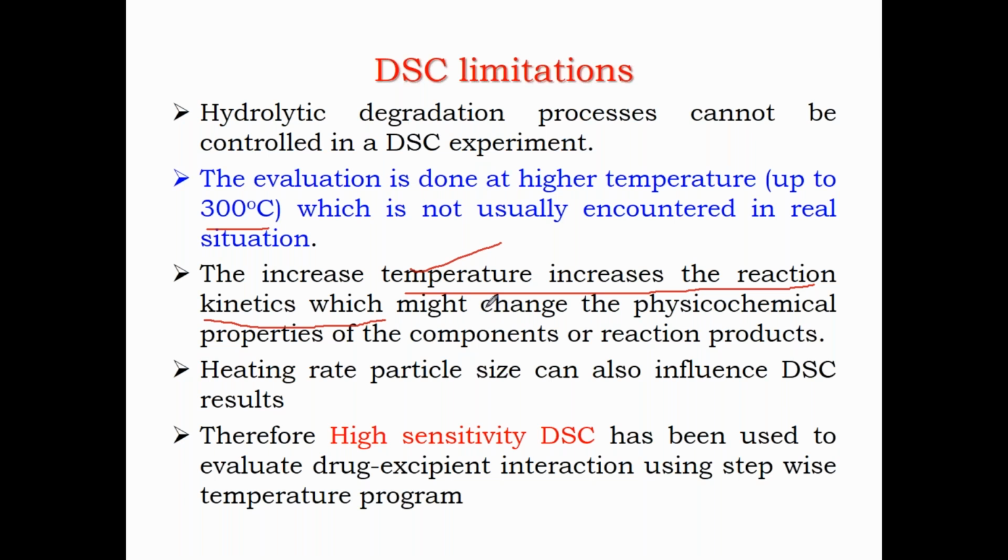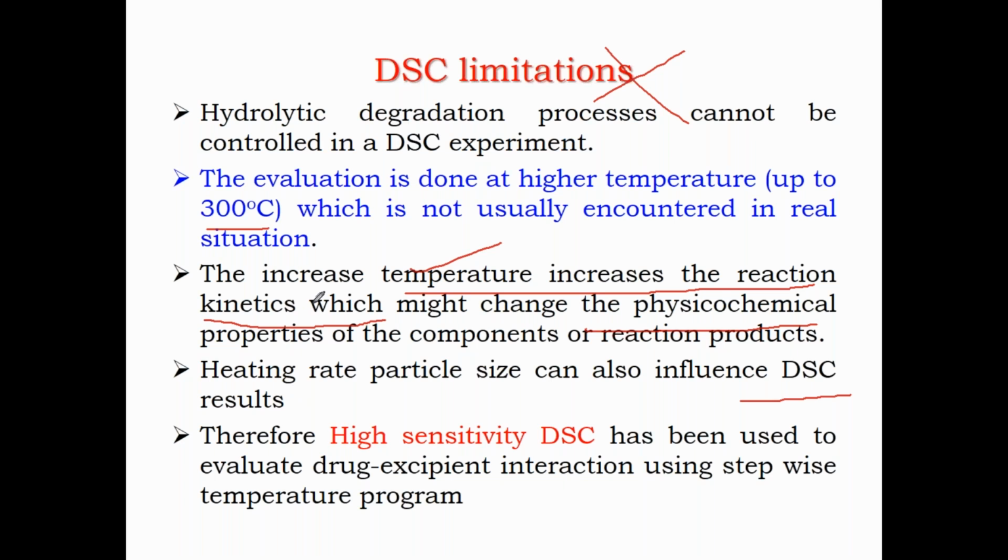When I know there is a temperature effect that can change the physicochemical properties, then I cannot go with the DSC results, because it might give the wrong result. The unwanted interaction might pop up because of the analytical procedure, which runs between 0 to 300 degrees centigrade. So I should not go with this technique; it cannot be used.